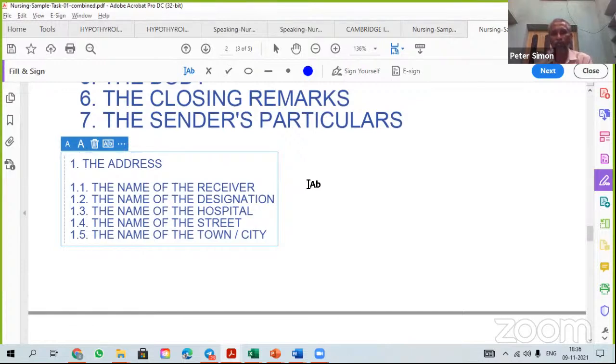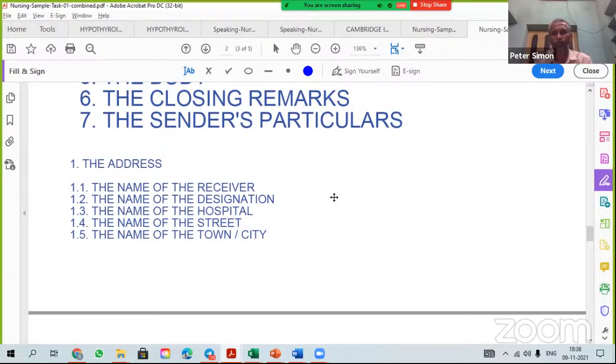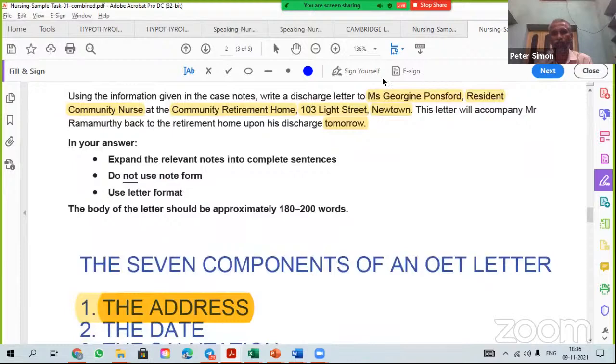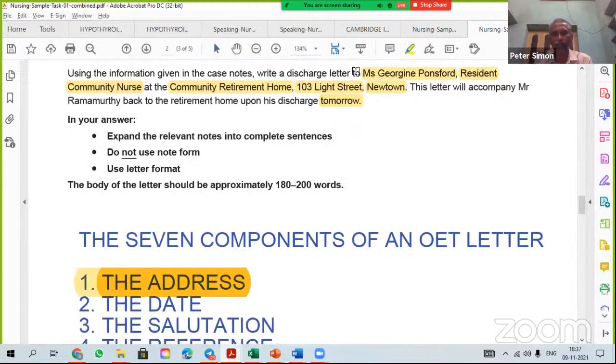Those only we are going to write here. What are those 5 things? Let us see here. We are taking from here. So this one. From here onwards, you are writing a discharge letter from here to here.